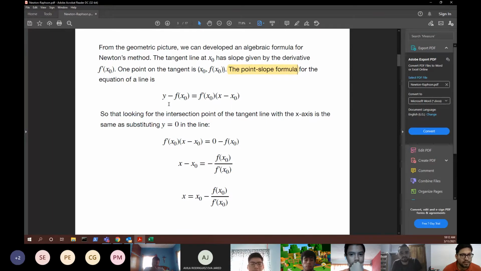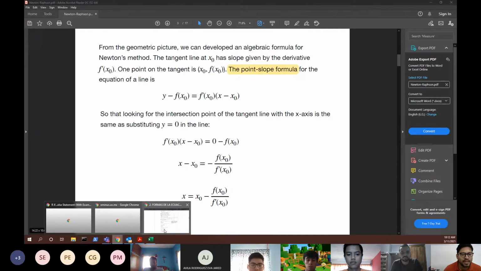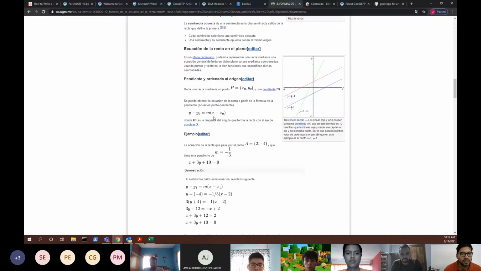So I have y minus the function f evaluated at x0 equal to the slope of the function times x minus x0. This is exactly the same function that you previously saw in many classes. This is the one you saw in Geometría Analítica, I think.